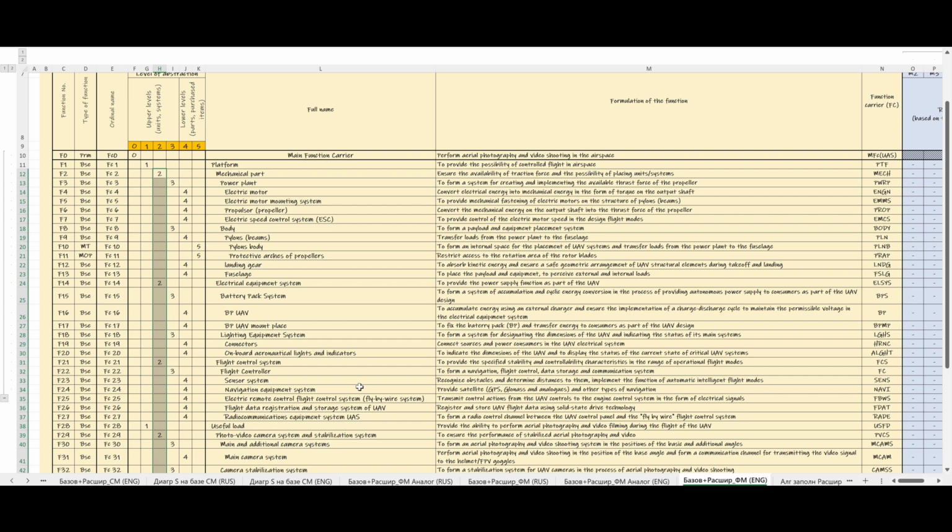Example of the use of structural and functional model formation indicating the values of significance, relevance, as well as the quantity or quality of implementation of functions.